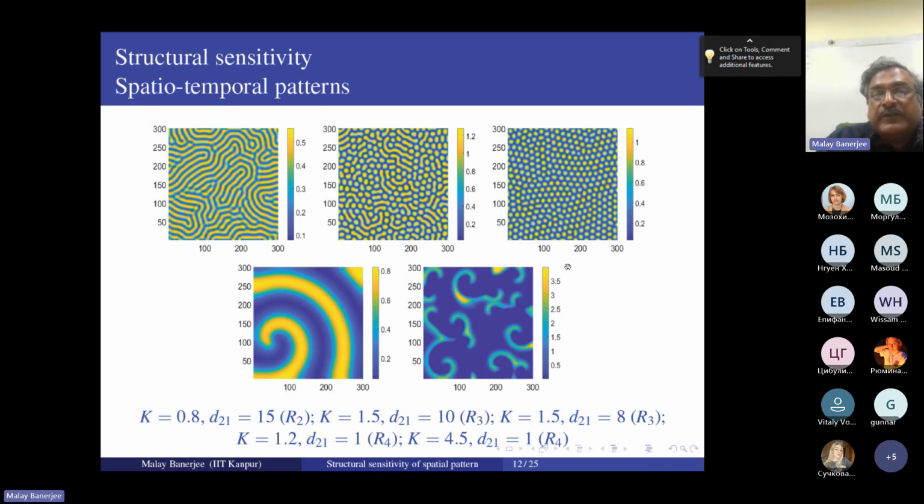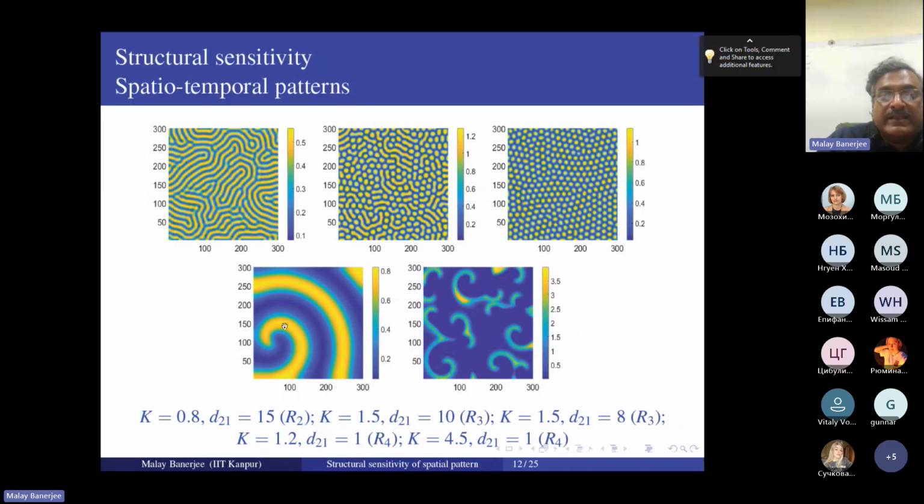And finally, if we choose parameter values from the domain R4, which is unstable only under temporal perturbation, it still produces some dynamic pattern. One is the spiral, of course with long, meaning thick, arms, and then for another value of k, equal to 4.5, we have this interacting spiral chaos. Of course, one can say that this is not exactly a spiral, because we can see some branches or other things coming in this region.